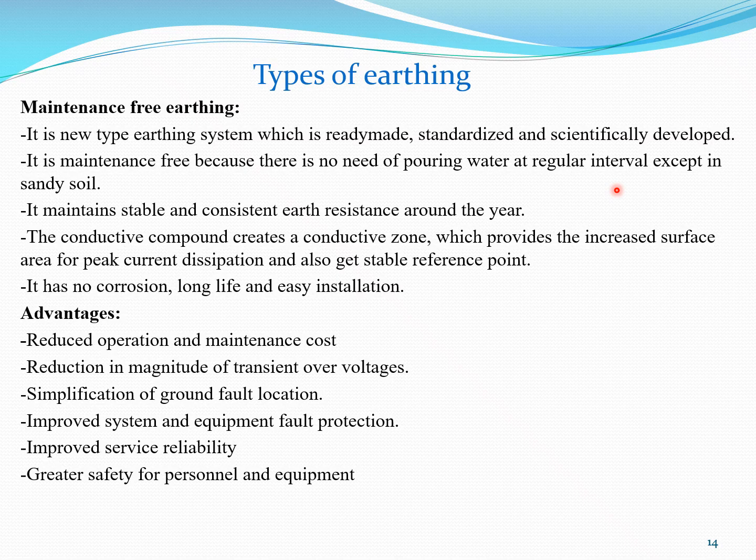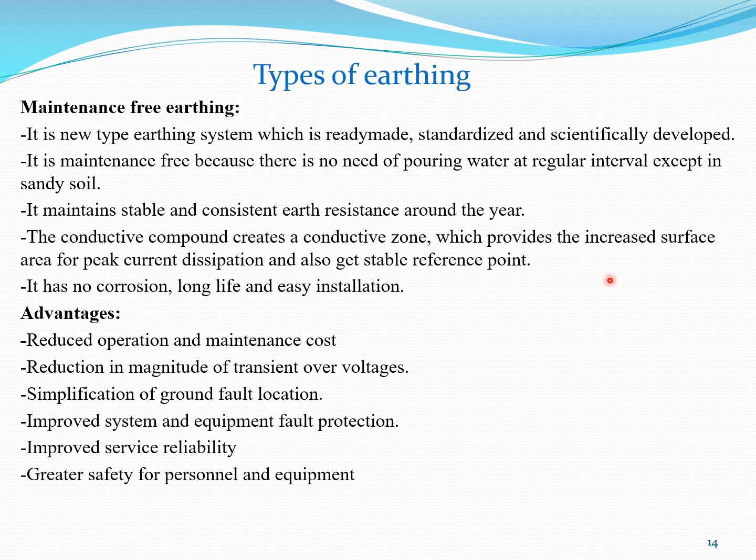The conductive compounds create a conductive zone which provides increased surface area for peak current dissipation and also gets a stable reference point. It has no corrosion, long life, and easy installation. So what are the advantages of the maintenance-free earthing system? The advantages are reduced operation and maintenance cost.